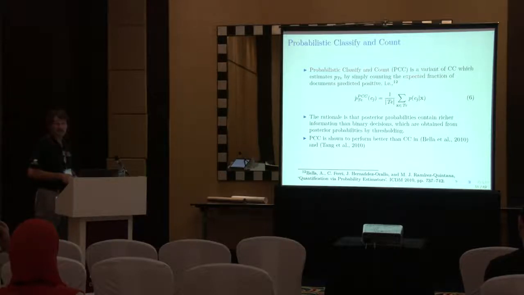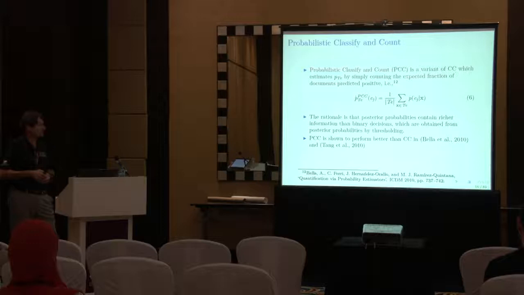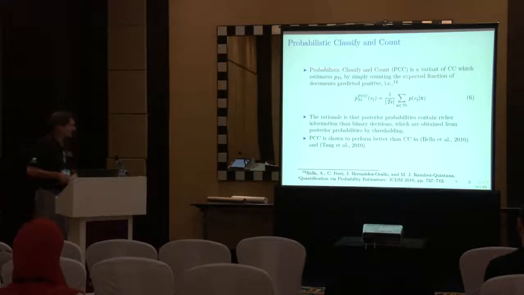That's your computed probability. The benefit is that you don't throw away all of that information that you would otherwise throw away by applying a threshold. You use richer information, and this is called the PCC method. The people who proposed it, unsurprisingly, found that it outperforms the CC.